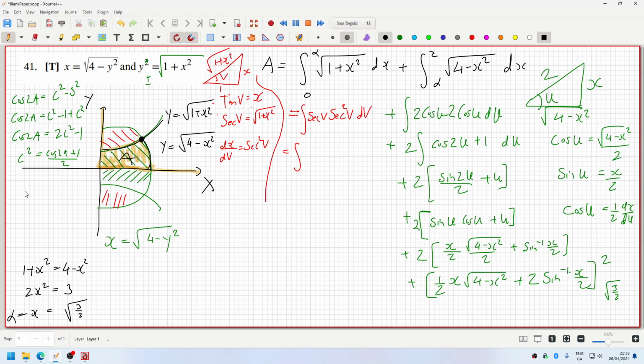We have a formula that cos squared plus sine squared equals 1. But if we divide by cos squared, we get 1 plus tan squared equals sec squared. So I could change sec squared into 1 plus tan squared. Does that really help me? Really?